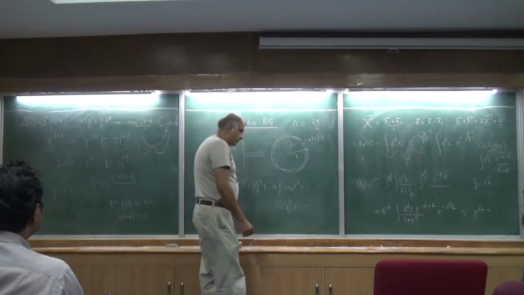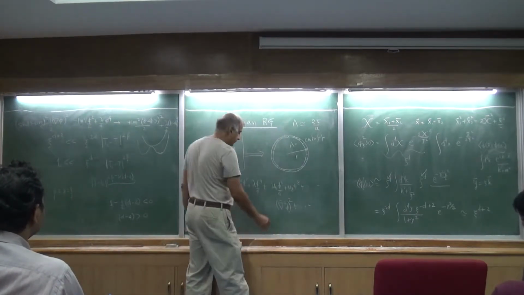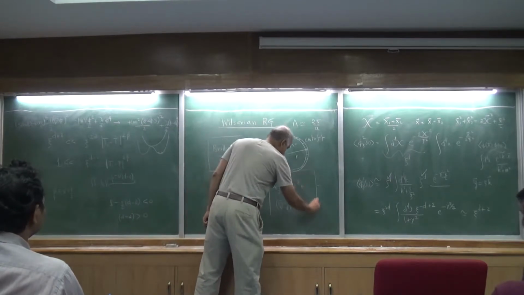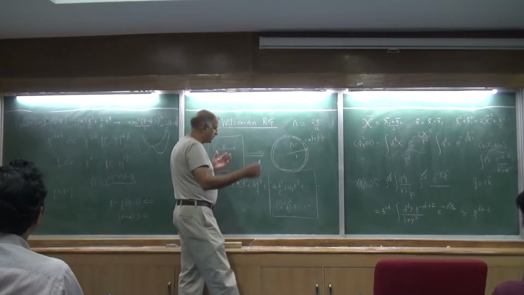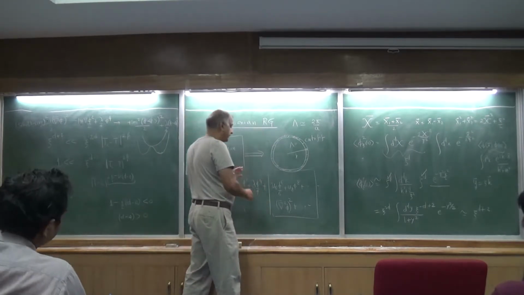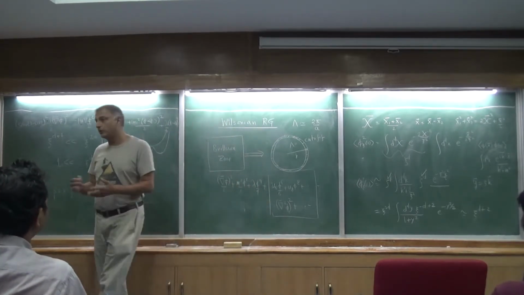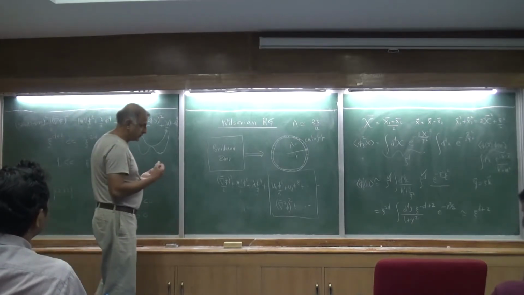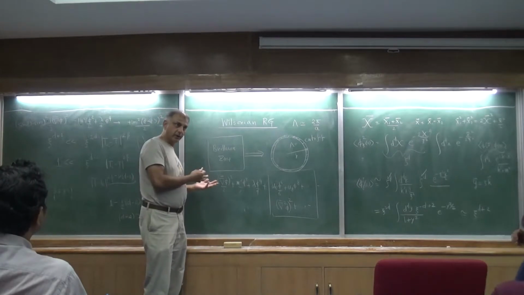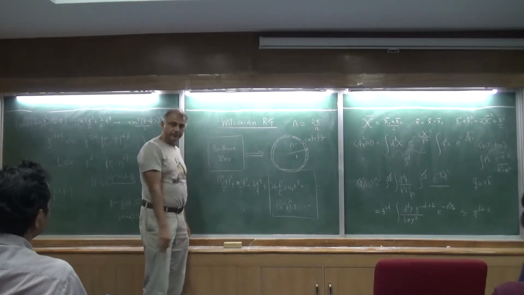So I can have all these terms, and then the question is, what about these terms here? Can they ever be important? And Wilson will give us a procedure for telling whether some interaction is important or not. And we know what that is, whether it's a relevant interaction or an irrelevant interaction at some fixed point.